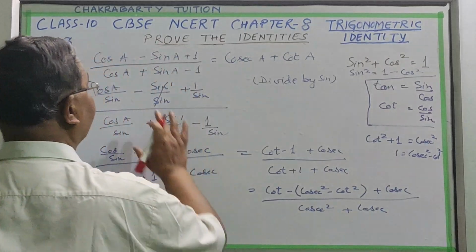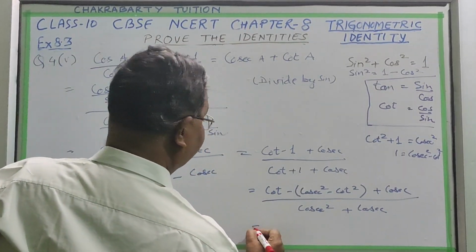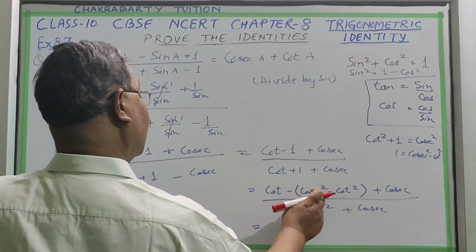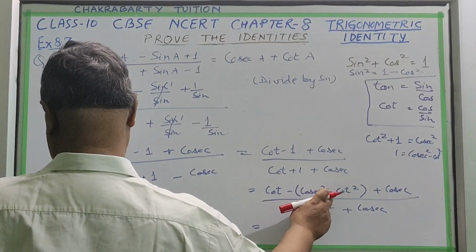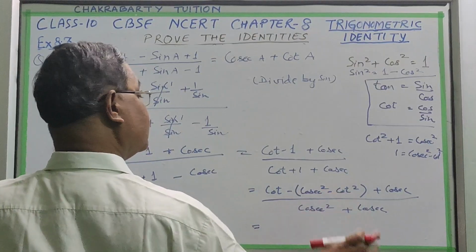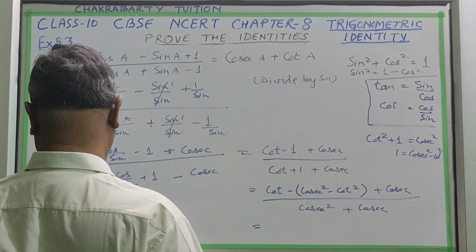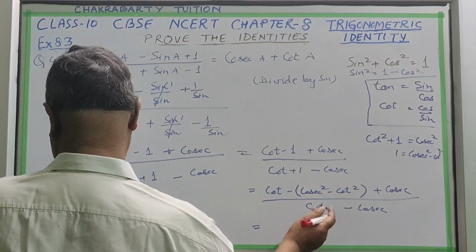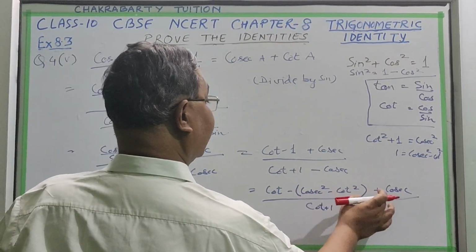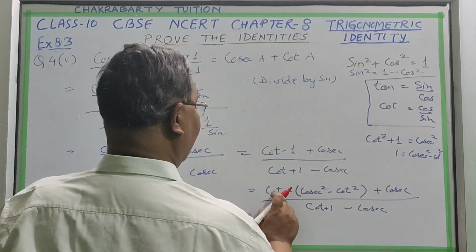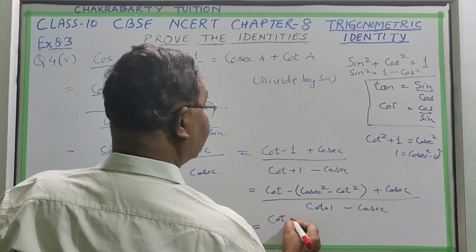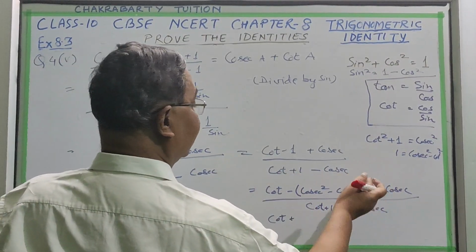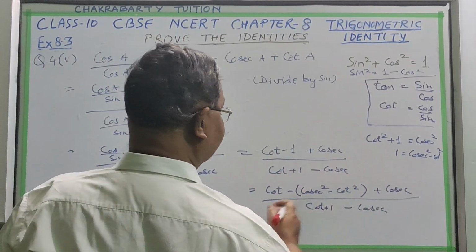Now from one line also we can use more. Cot square minus cosec is there, and it is also here. This plus cosec and cot we are merging. It is the property of addition, we can shift this side, that side.